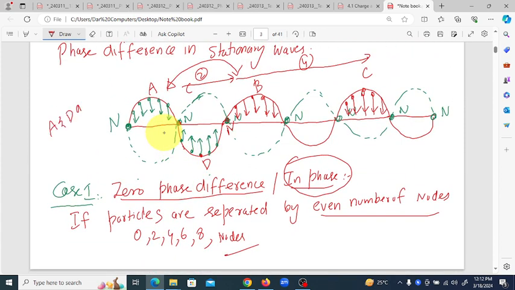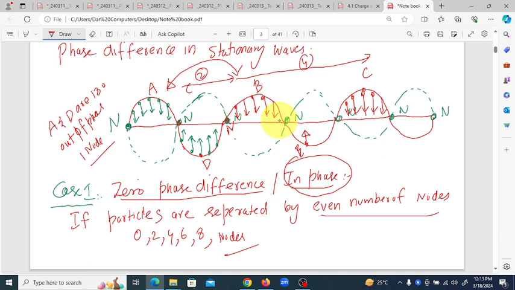A and D are 180 out of phase, because they have a difference of one node between them. Similarly, you can compare A with the third node, 1, 2, 3, three nodes, and then this point, for example, there is another point E. So A and E are also in anti-phase, 180 out of phase.